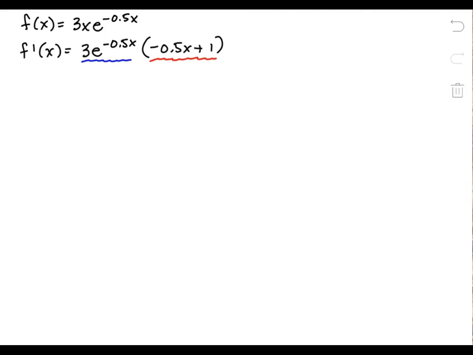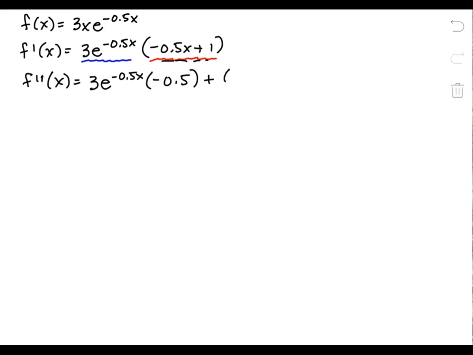So running through the product rule, my second derivative will be, the first stays the same, and I multiply that by the derivative of the second. So the derivative of this second piece here would be negative 0.5, and the derivative of 1 is 0, so that would be the full derivative of that second factor.